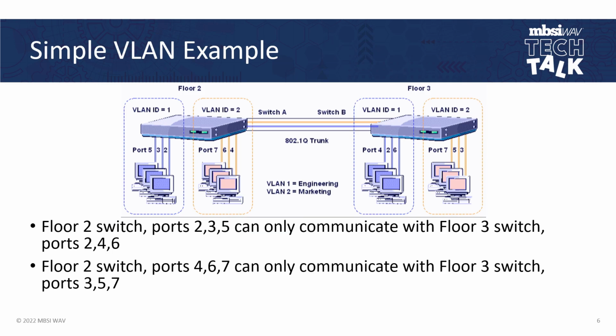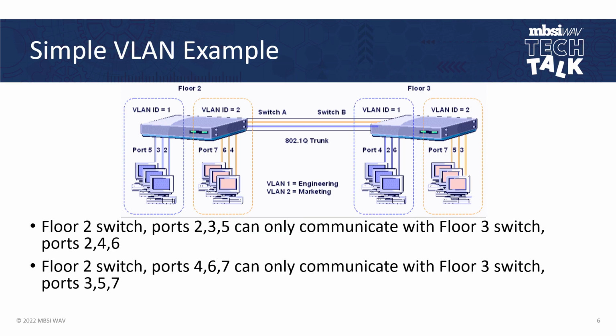And so any traffic that's going to the third floor will then be on VLAN ID number 2, and when it gets to the switch it will know that it's connected to the computers that are on ports 3, 5, and 7. So this is a pretty simple network, but we see this example often in the broadband world, where we've got maybe management.